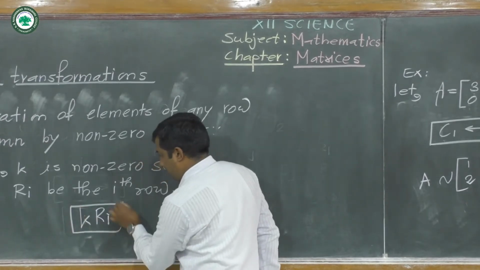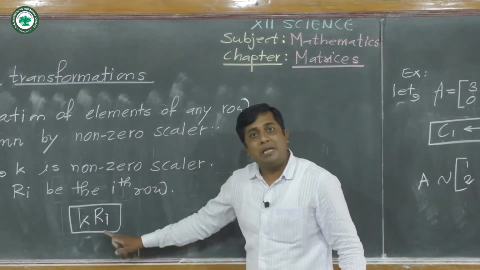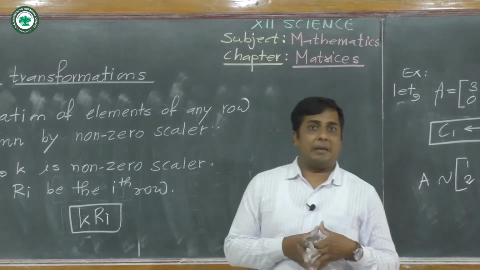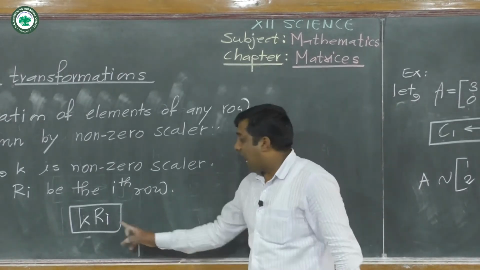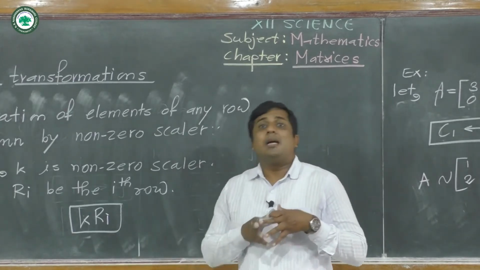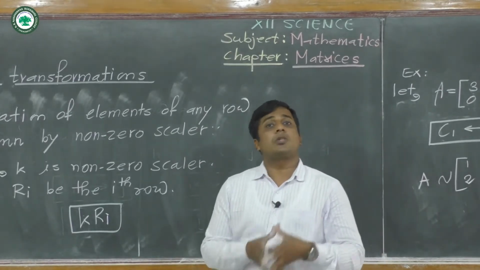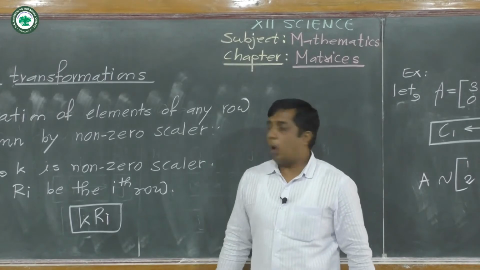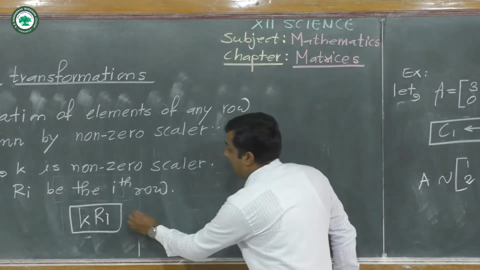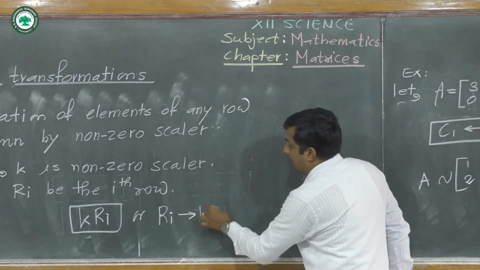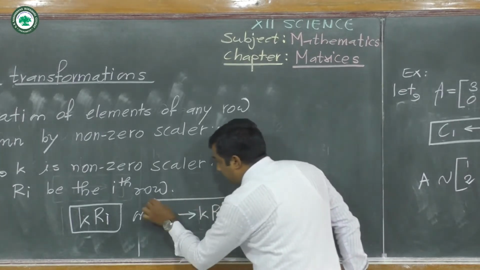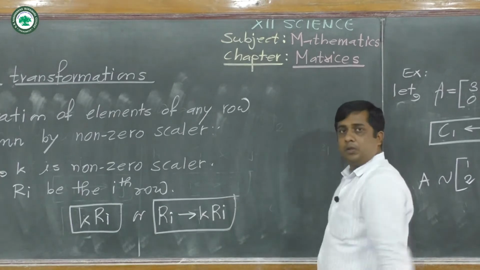Remember this. This is the notation for the multiplication. That is scalar multiplication. Here we multiply each element of the ith row by K, that is by non-zero scalar K. Or we denote this by using here Ri implies K Ri.